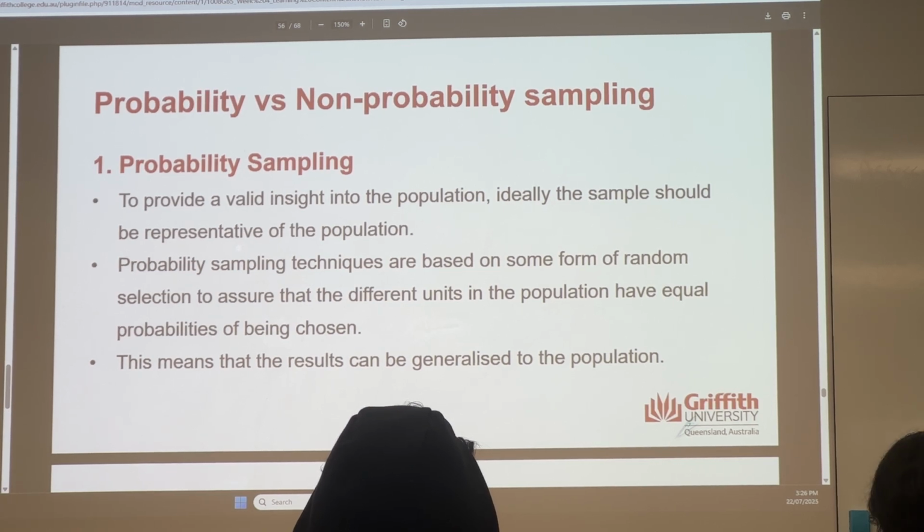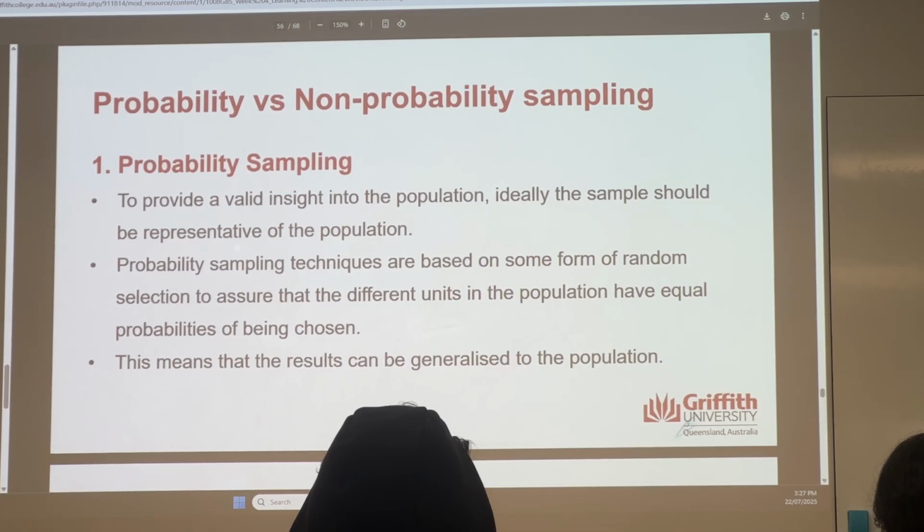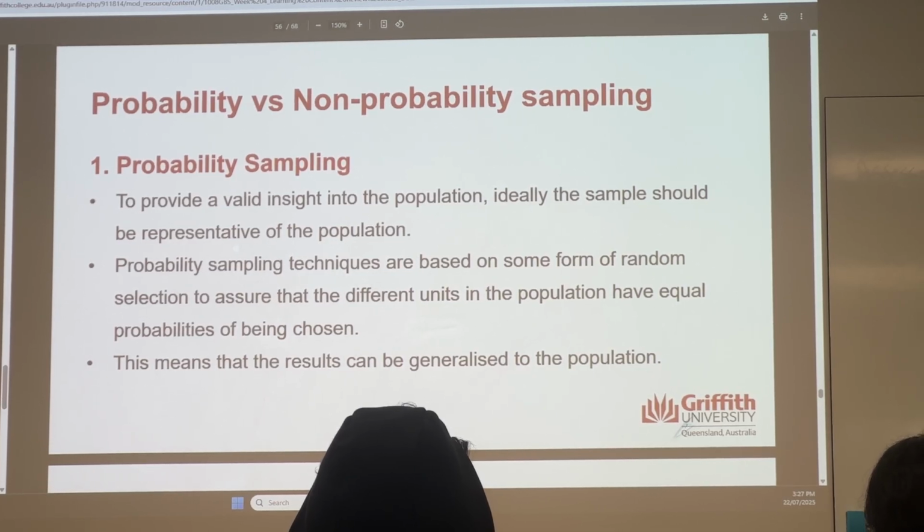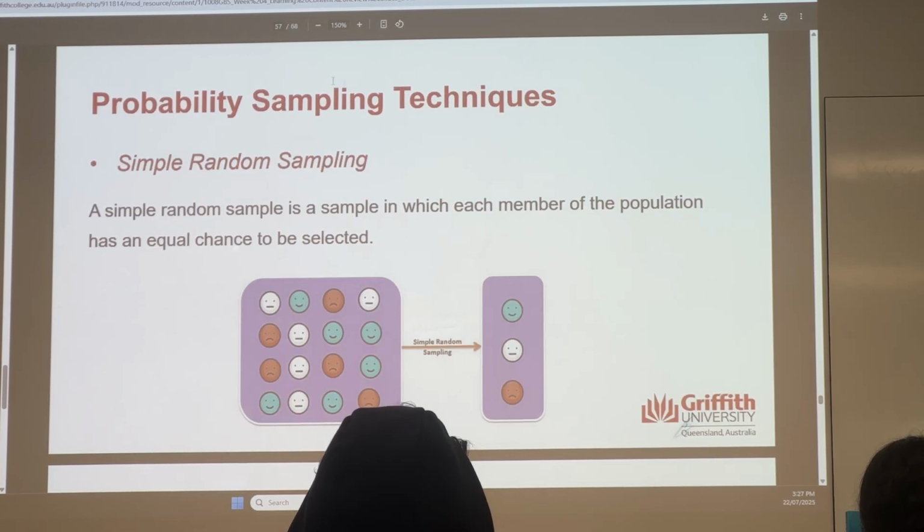Yeah, so when you do sampling, there are different types of sampling. One is probability sampling. Probability sampling is that we collect samples randomly. For example, probability sampling techniques. So one method is simple random sampling.